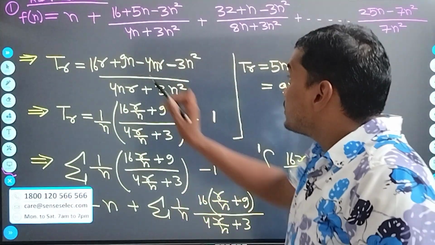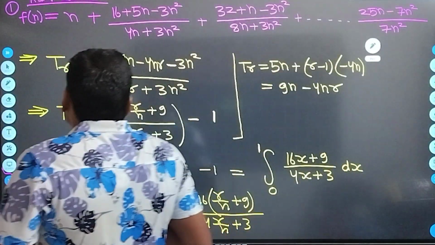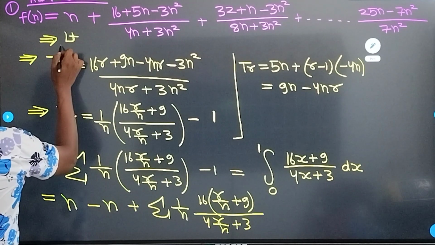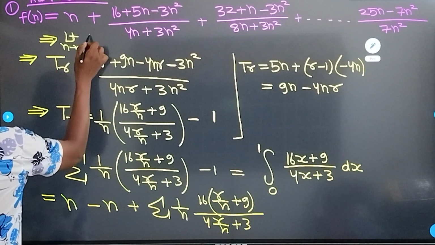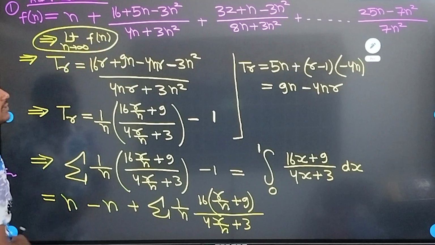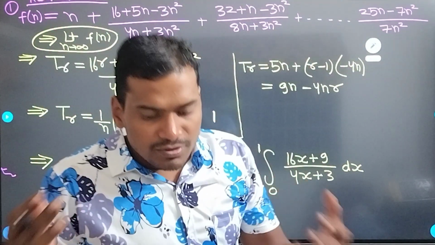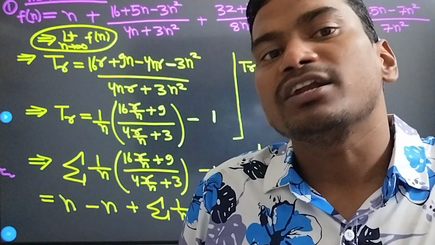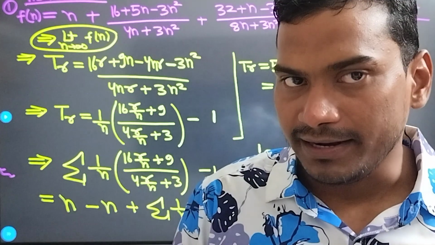F of n was given and they were asking what will be the limit as n approaches infinity of f of n. This they were asking. So I am using the method definite integration as limit of sum here, right?